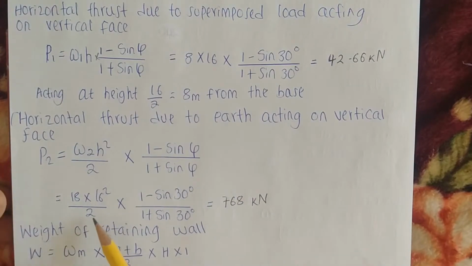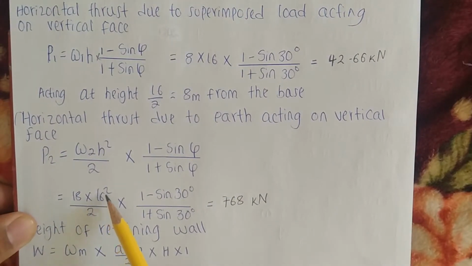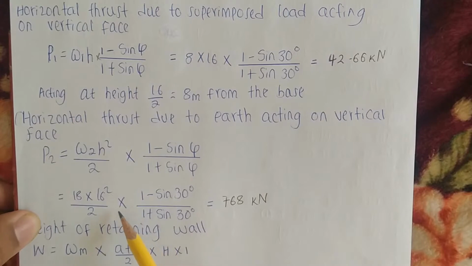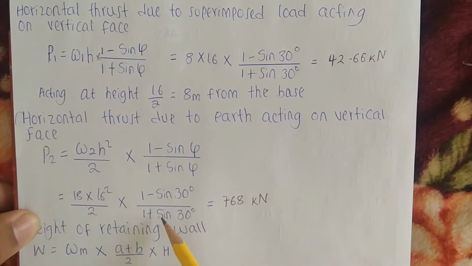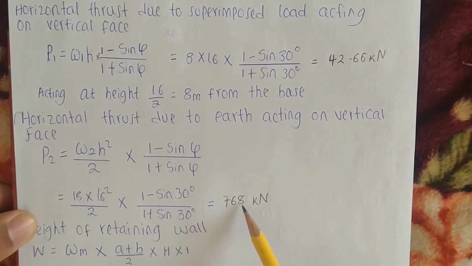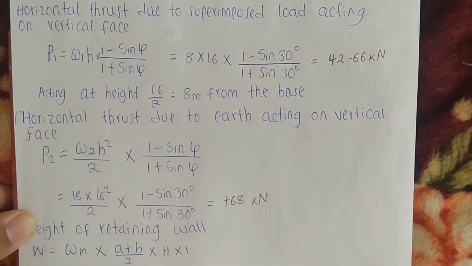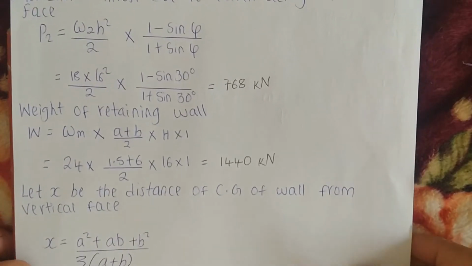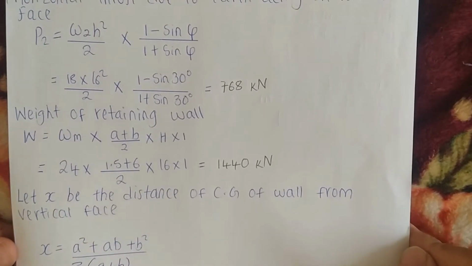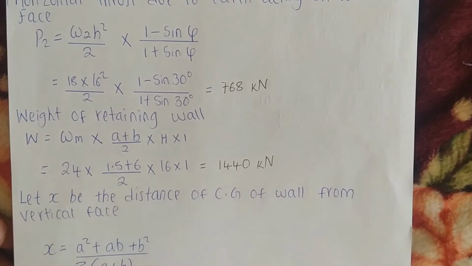I've replaced my values here: 18 multiplied by 16 squared all over 2, multiplied by (1 minus sine 30 degrees) all over (1 plus sine 30). When you calculate this, you'll get the horizontal thrust due to the earth acting on the vertical face to be 768 kilonewtons.